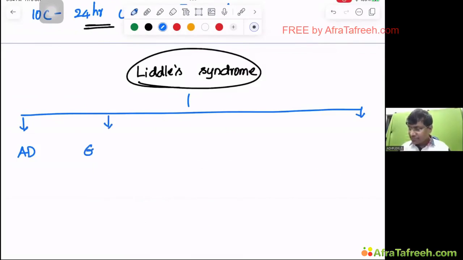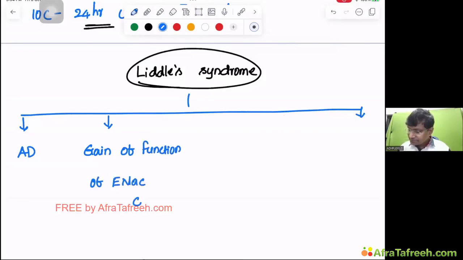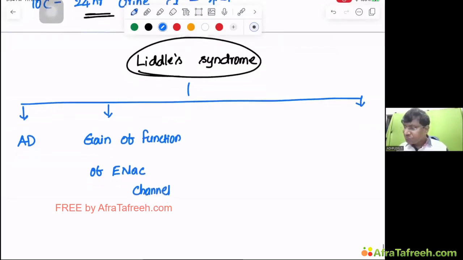What exactly is the problem? It is a gain of function of the ENaC channel, the epithelial sodium channel.